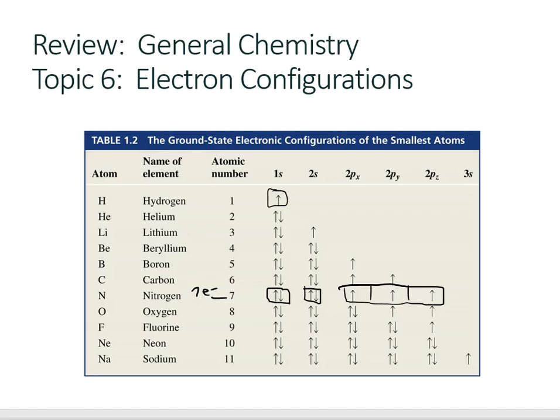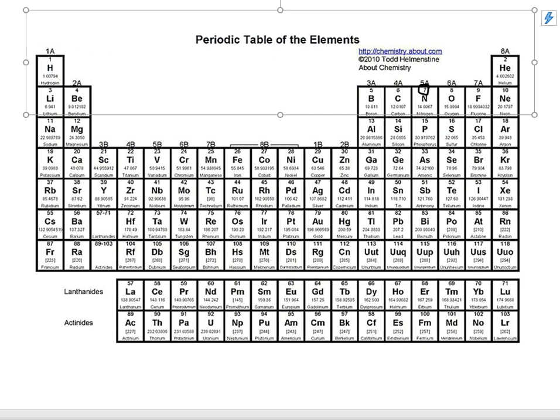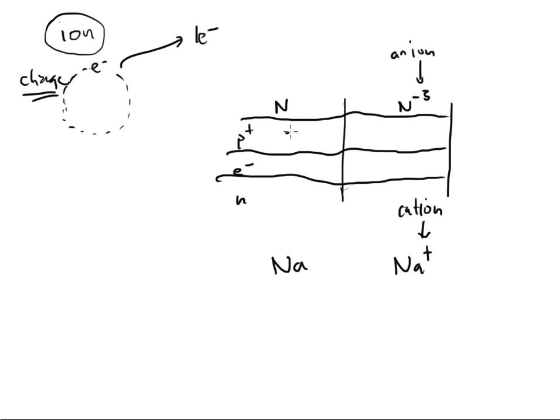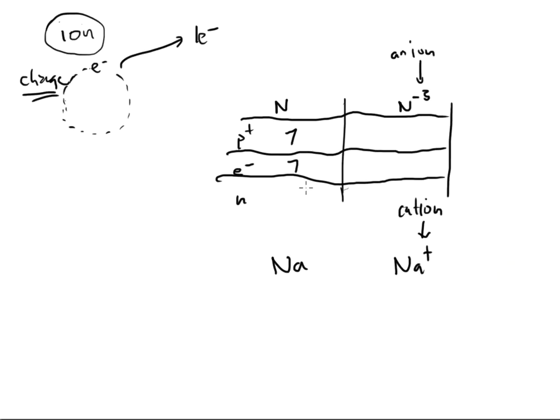So if I go back to this periodic chart and I look at nitrogen, right here we are, that is atomic number 7. Okay, so automatically I know that we have 7 protons, 7 electrons, and if I go back, I'll look at 14 as the mass number, so 14 minus 7, it just so happens to be 7 again. So there's 7 down the row. 7 protons, 7 electrons, 7 neutrons.